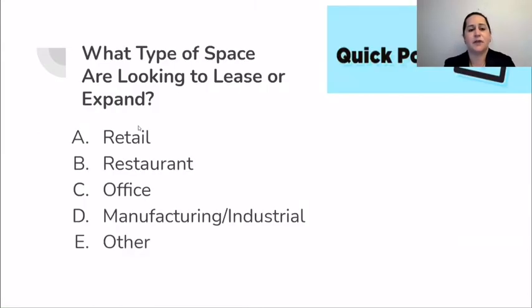So for those, if you could please put in the chat, what type of space are you looking to lease or expand into? You can see the options here. If you could put your answers in the chat, that would be helpful. Just so I know, it looks like we've got some office space, retail, manufacturing.